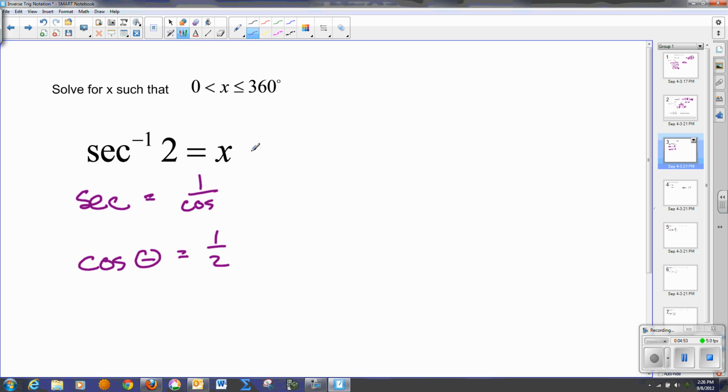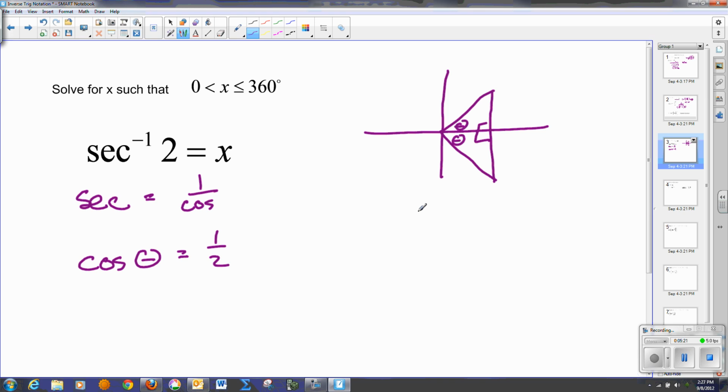Well, I know that since cosine is positive, I could have a positive x value in either the first quadrant or the fourth quadrant. So really my angle theta could be here, or it could be here. Now, I need to know what gives me an x value of a half.